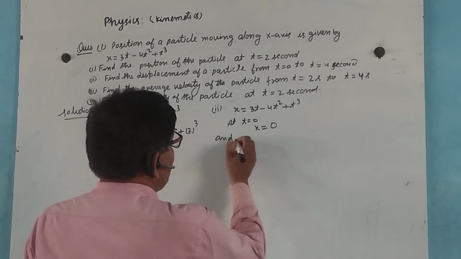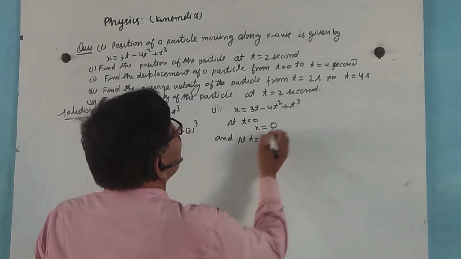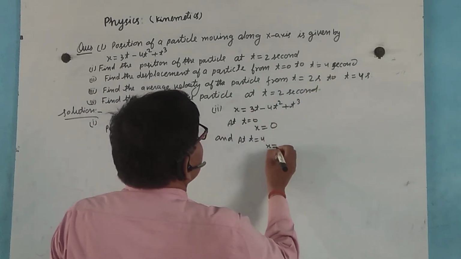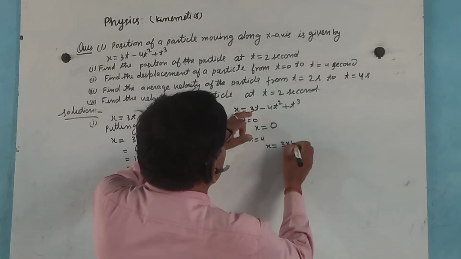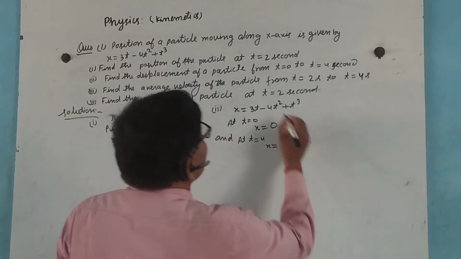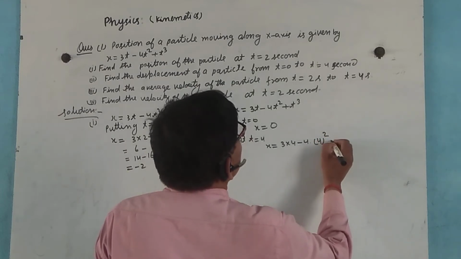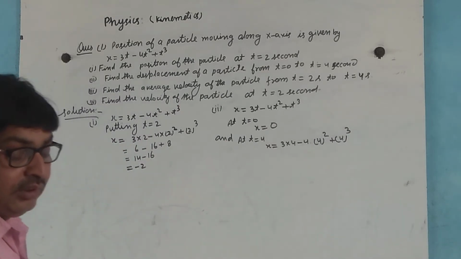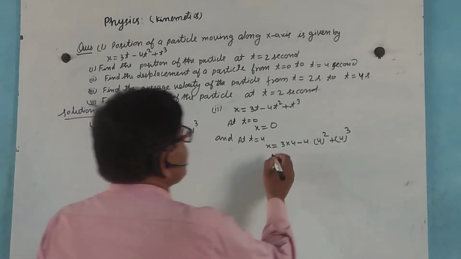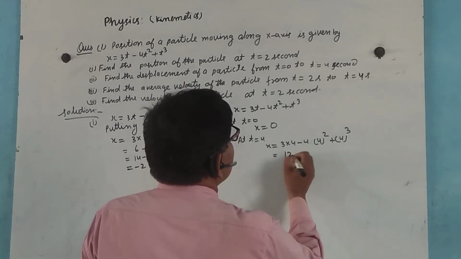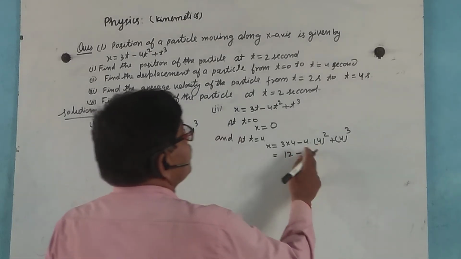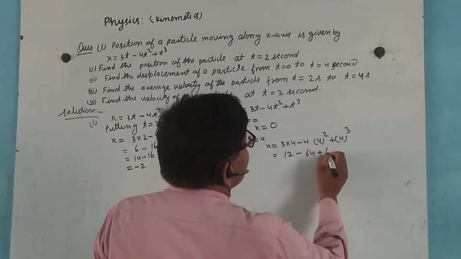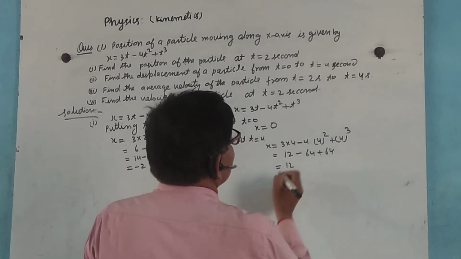And at t equal to 4 seconds, putting in, x equal to 3 into 4 minus 4 into 4 to the power 2 plus 4 to the power 3. Now 4 threes are 12, minus 4 fours are 16, 16 fours are 64, and this is also 64, so this is equal to 12.